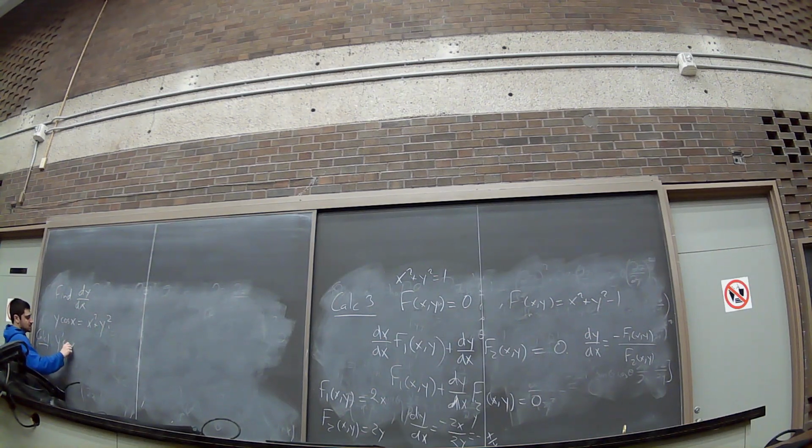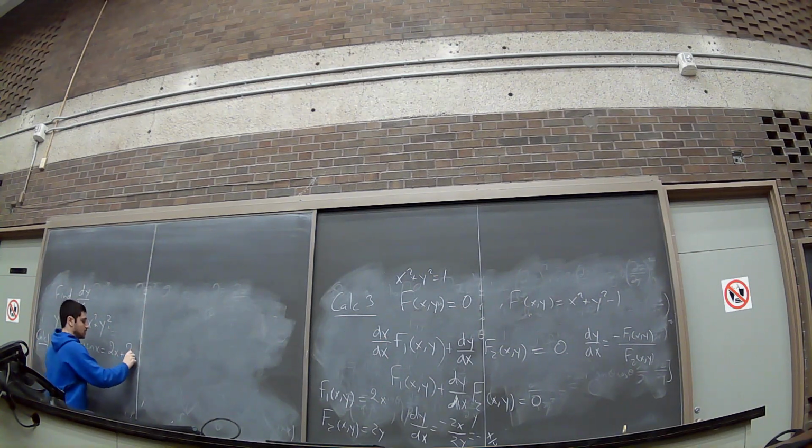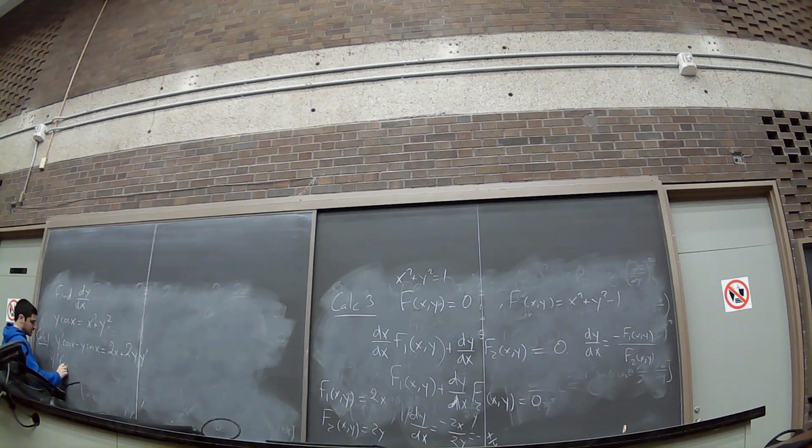Y prime cos x minus y sin x is equal to what? 2x plus 2y prime. Now you bring the y prime together, right? That's what you did. So what is y prime? What's the coefficient of y prime? It's cos x minus 2y is equal to 2x plus y sin x.